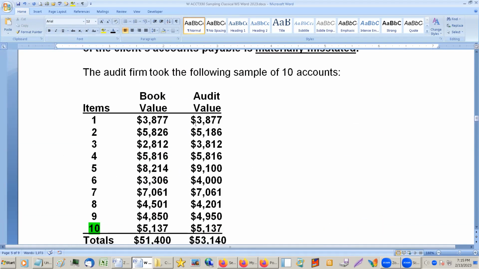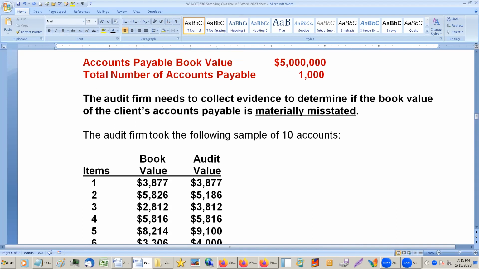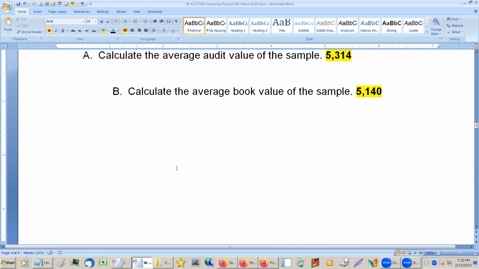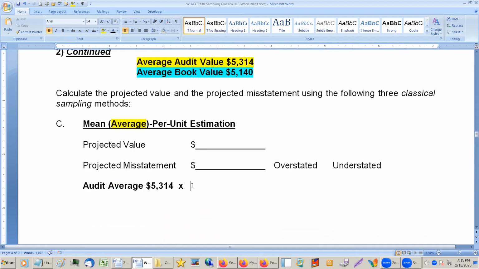Now, in this case, this is going to be the number of accounts payable, 1,000. So what we're saying is, look, we came up with this average, and we think that every single item in accounts payable should be the same average. So this will be our projected value.